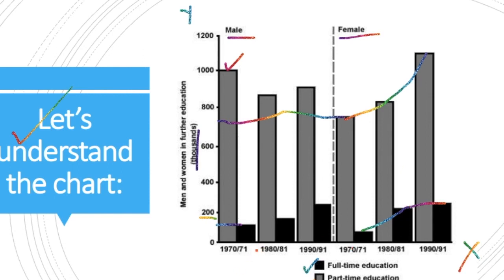Now, if you take a look at the males, full-time education was constantly increasing. This was a steady increase and then this was quite a sharp increase. But here there is a fluctuation, because in the year 1980 it fell down to, let's say, 850 and then rose again to 900. So this is fluctuating. This is how you look at the diagram and analyze a given question.